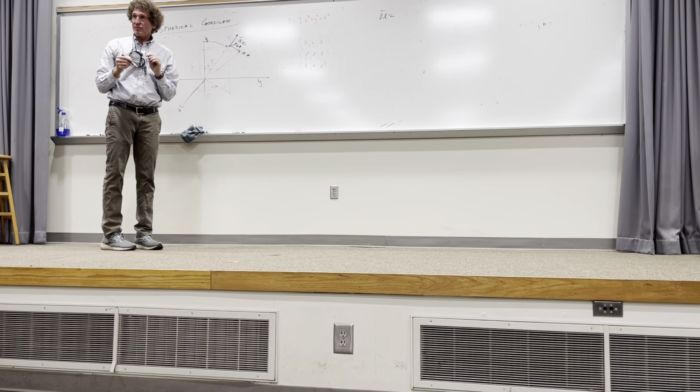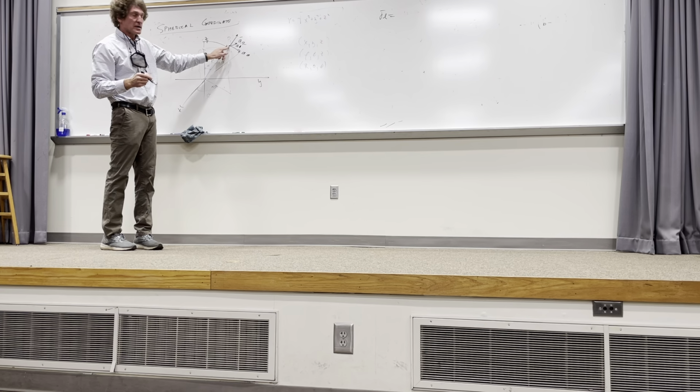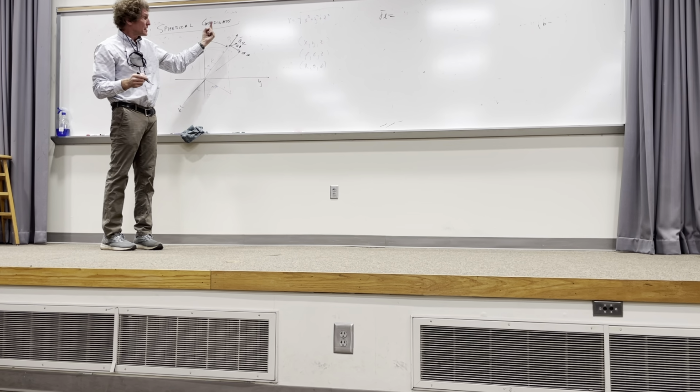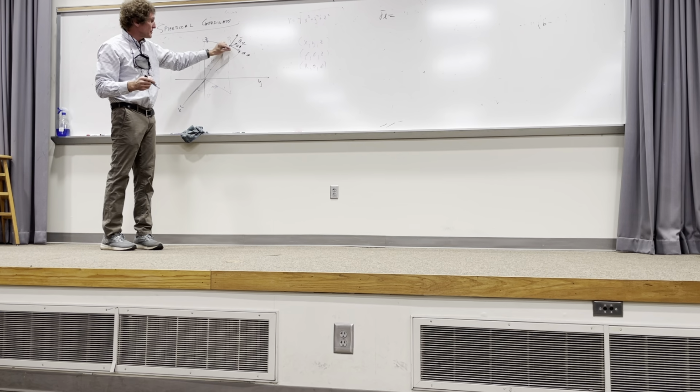There are three unit vectors, and at a given point, they're all orthogonal. A R points in the direction of the radius vector, but it has unit length. A theta would point in the direction that the tip would move if you would freeze R and just increase or decrease the angle theta. So it's this direction, like the tip of a windshield wiper.